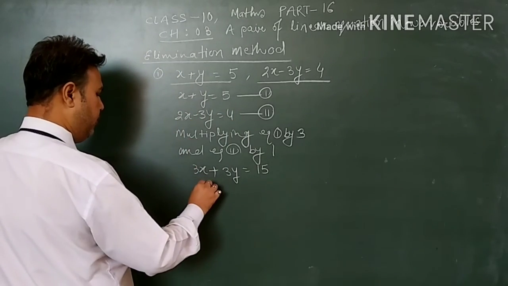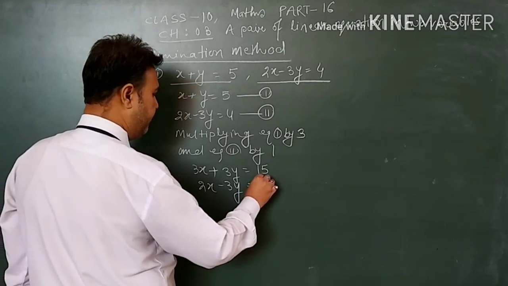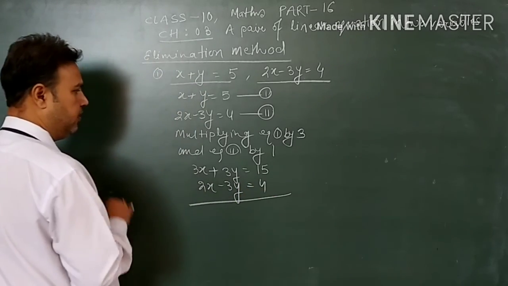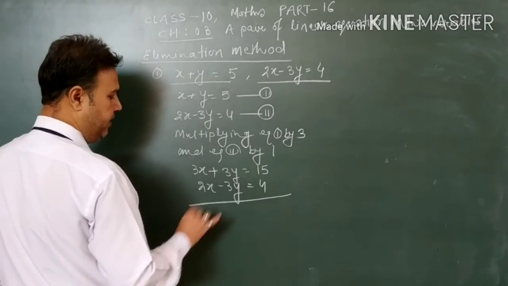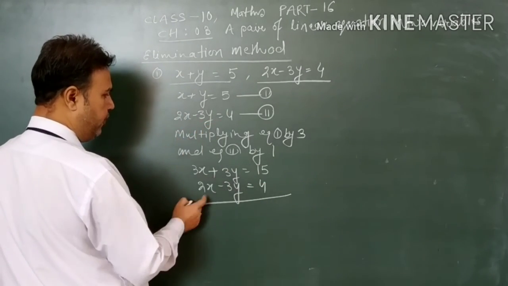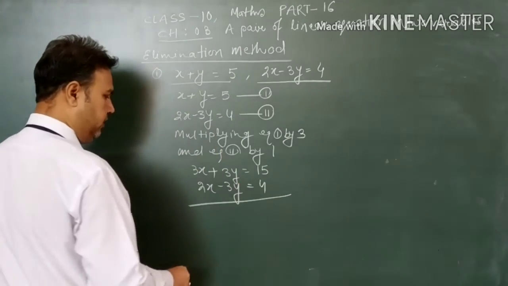Now 2x minus 3y is equal to 4. When we multiply this equation by 1, everything will be the same. 1 into 2x, 2x, 1 into 3y, 3y, 1 into 4, 4.